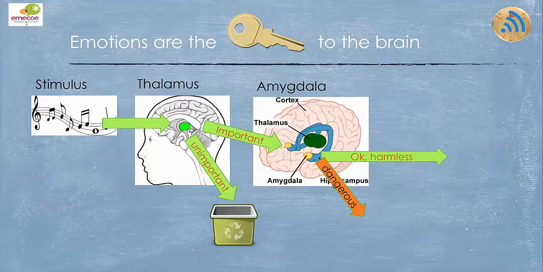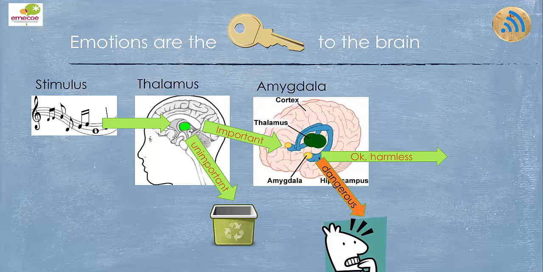Some of these danger signals are innate. We're born with them. Humans and many animals are afraid of fire, even if we have not yet been burned. Other dangers need to be learned and acquired in the course of our lives. Whenever an incoming stimulus is marked as dangerous, the amygdala sends signals to the hypothalamus and the brainstem, and our body prepares for flight or fight.